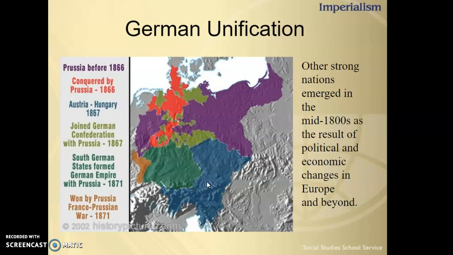You can also see here a map regarding German unification and the stages involved. The one person you read about regarding German unification was Otto von Bismarck, who was of Prussian descent, becomes the prime minister, and really single-handedly leads the effort to unify Germany in the second half of the 1800s.